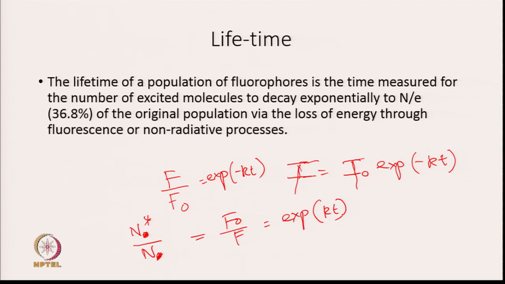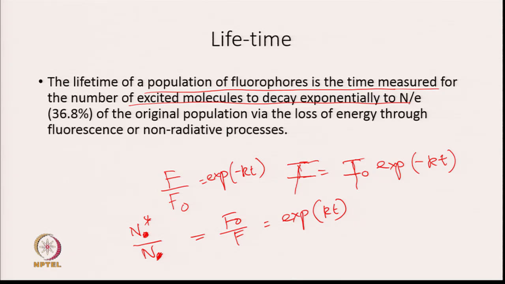So, what I am saying is that the lifetime of a population of fluorophores is the time measured for the number of excited molecules to decay exponentially to n by e of the original population.